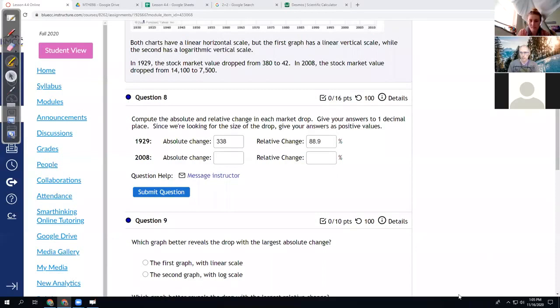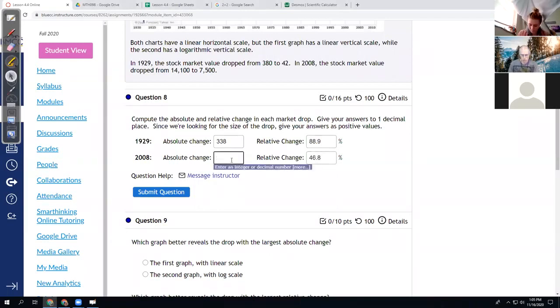All right, what do we got in the chat? It looks like we have a drop of about 46.8%. I would agree with that. And they said to go to the nearest tenth, so we would just go 46.8. I agree, 46.8.